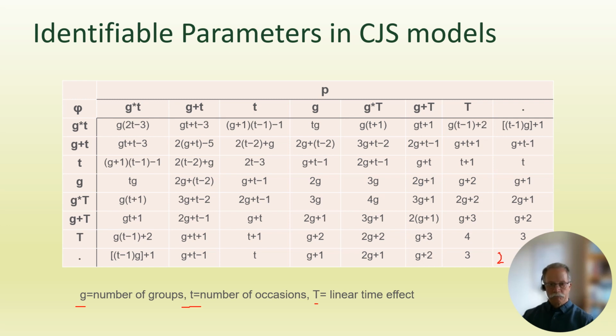If you're looking at a linear time effect, then the number of parameters is just determined by the fact that that linear time effect is in the model, so you don't need to do anything special for that. And these are all the equations for calculating that. So I've stuck this into a spreadsheet where you input G and T and boom, it'll output all the estimates for all of the models.